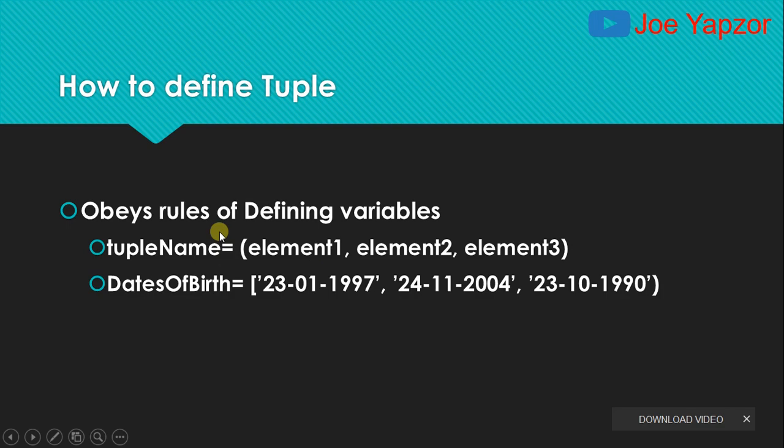You take the tuple name equal to, and instead of a square bracket as in the case of a list, we use round brackets for our tuples.